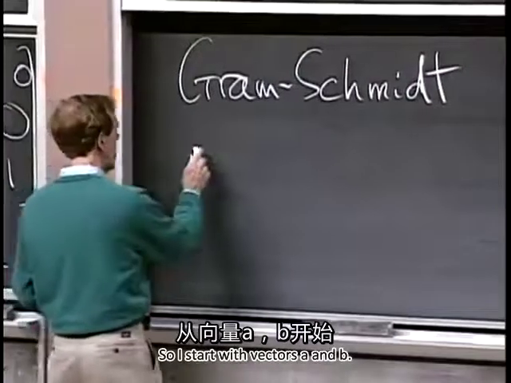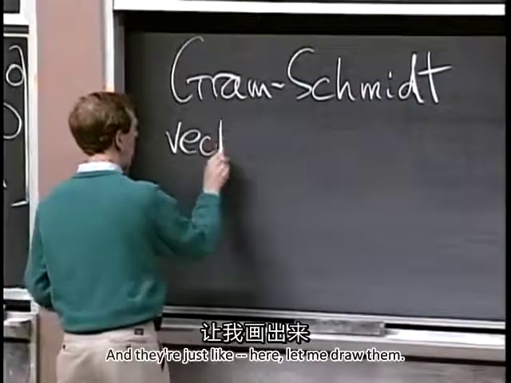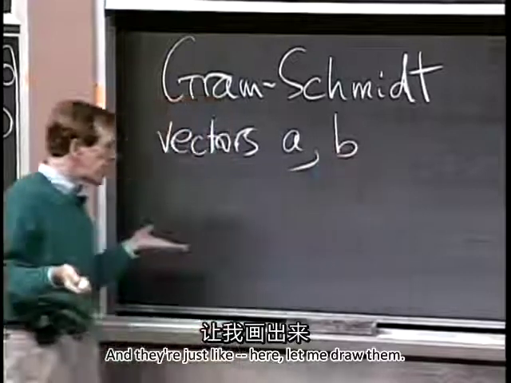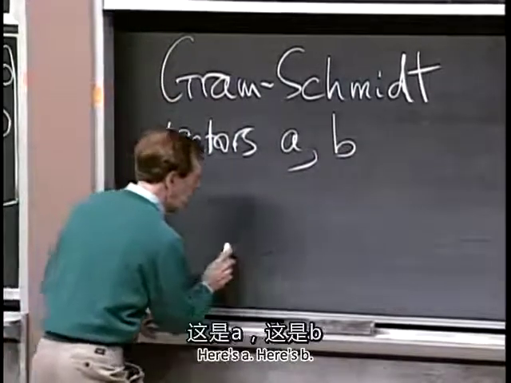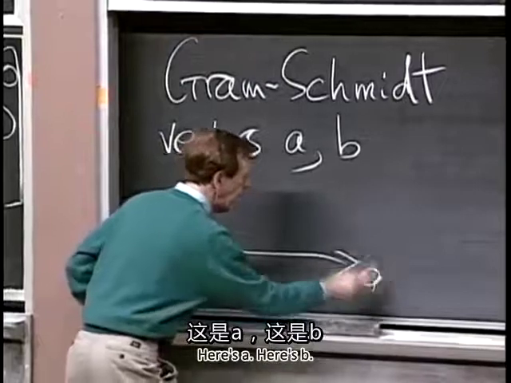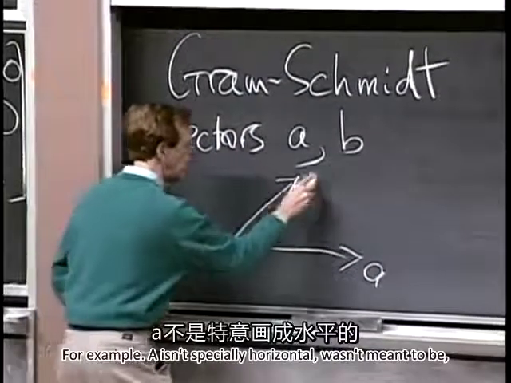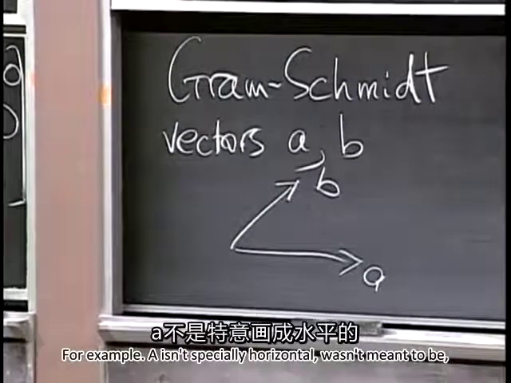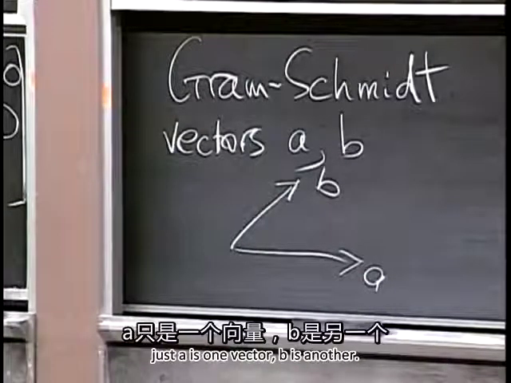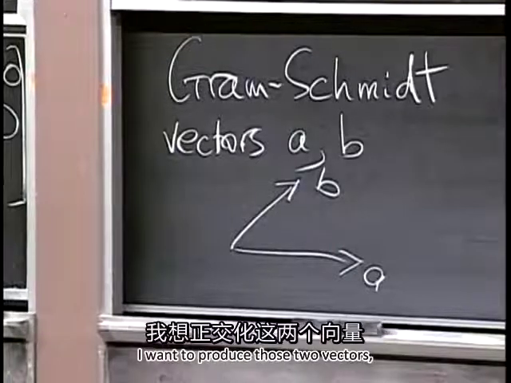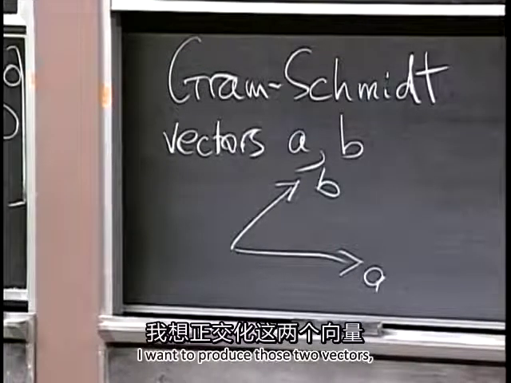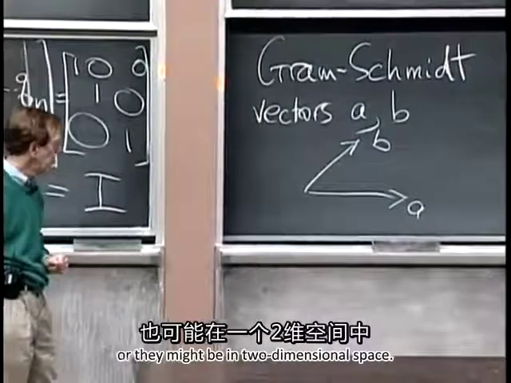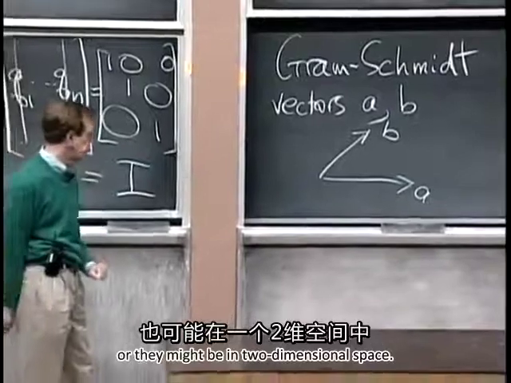So I start with vectors A and B. Let me draw them. Here's A. Here's B. For example, A isn't specially horizontal, it wasn't meant to be. Just A is one vector, B is another. They might be in 12-dimensional space, or they might be in 2-dimensional space.